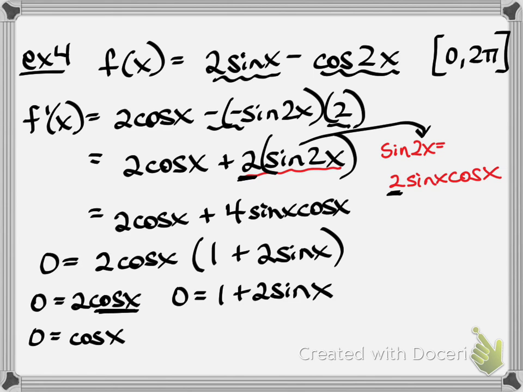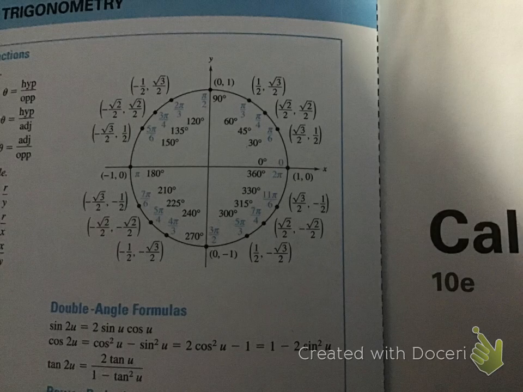And then we look at our unit circle chart to see where cosine is equal to 0. So let me just take a picture of my chart so we can all look at it. You have one in the front inside cover of your book. That's where I'm looking right here. Okay, where is cosine equal to 0?